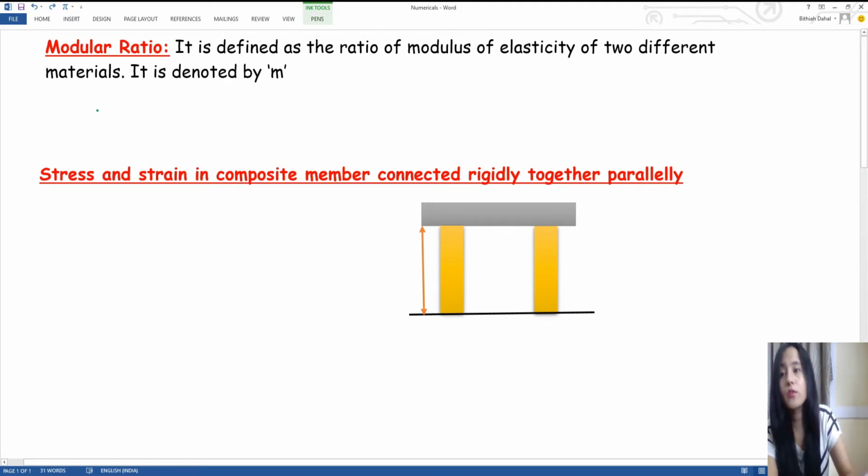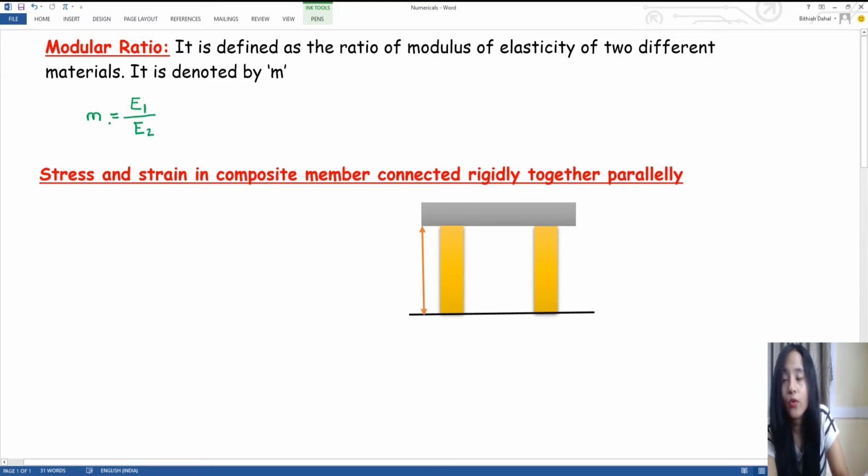Modular ratio is signified by a symbol M, and it is the ratio of the modulus of elasticity of two different materials. Modulus of elasticity is signified with symbol E, so the modular ratio is E1 divided by E2.